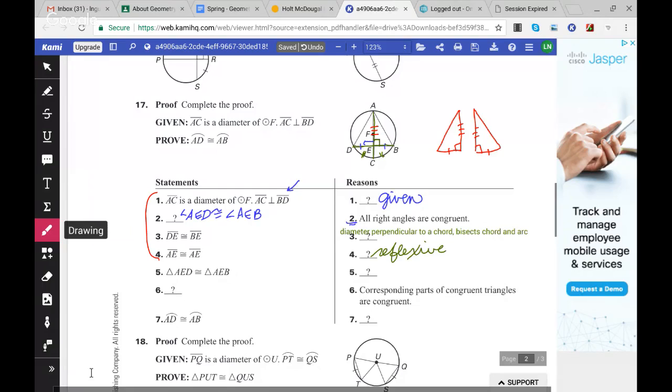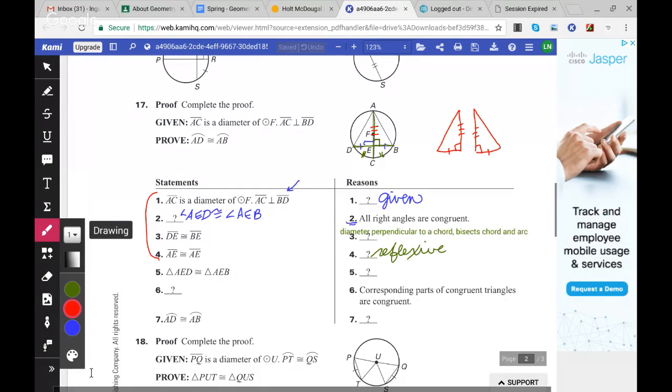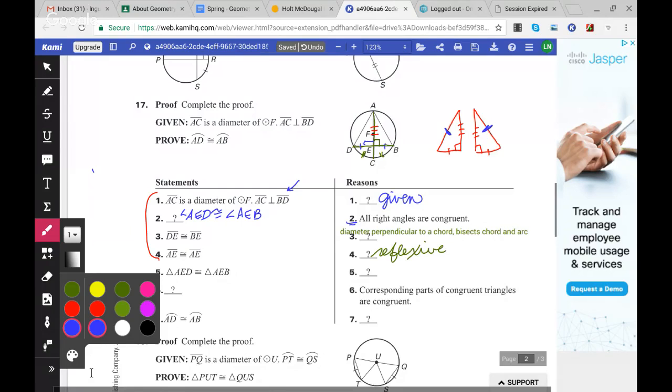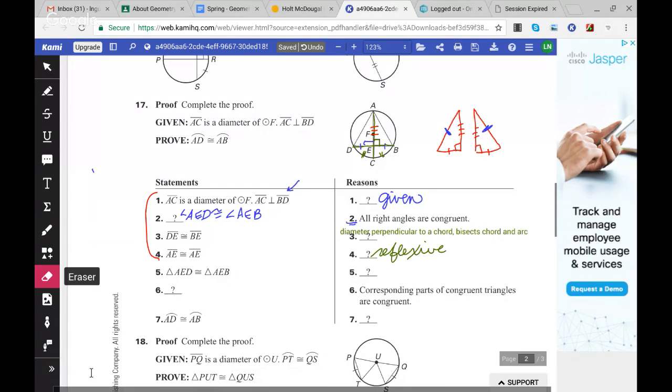We've got two sets of sides and a set of angles. It's not hypotenuse leg, but it looks like it. If it was hypotenuse leg, it would have to know about these, right? But we don't know those yet, so we can't use that if we don't know for sure.